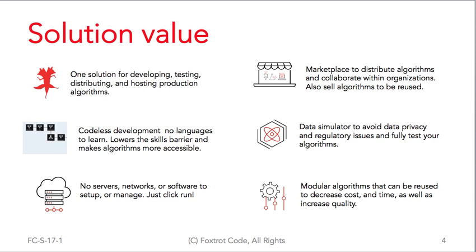So what we're doing with Foxtrot Code is we're sweeping that off the table. We're making the skills level barrier low enough that people with basic experience with Excel macros and maybe working with codeless development environments like Squarespace or Wix or Tumblr, any experience at all in programming will completely qualify you to use our product. It's codeless.